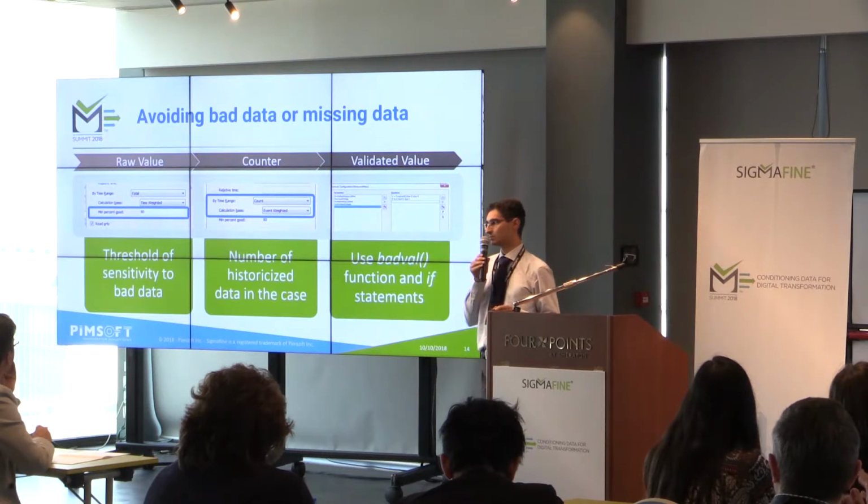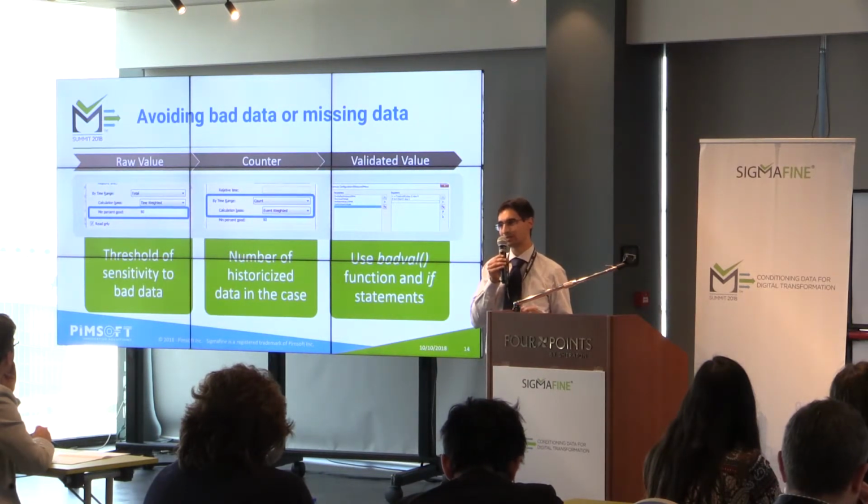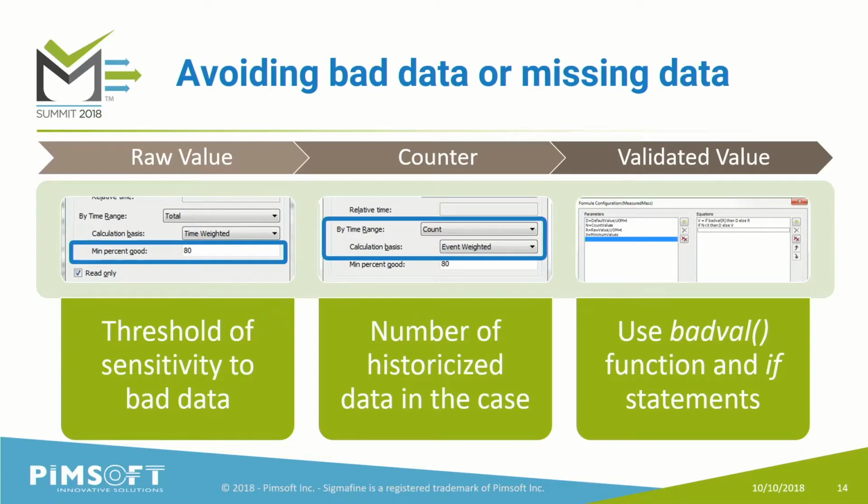But still, you would like to monitor the number of data you have in the case you're handling, to be sure that you have at least a minimum amount of data for the specific case.